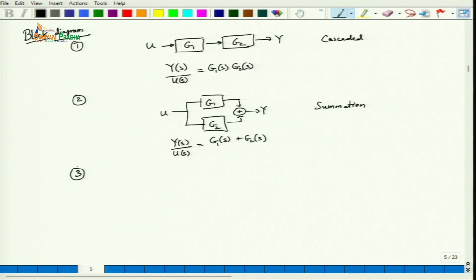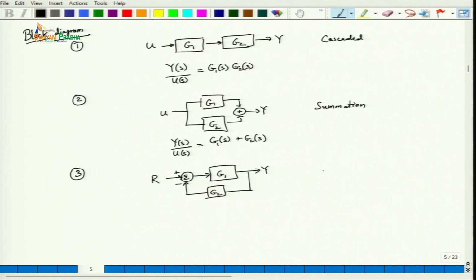And the third one is, we have some R here, we have some G1, and this is our output Y, and this output is fed back through our transfer function G2.